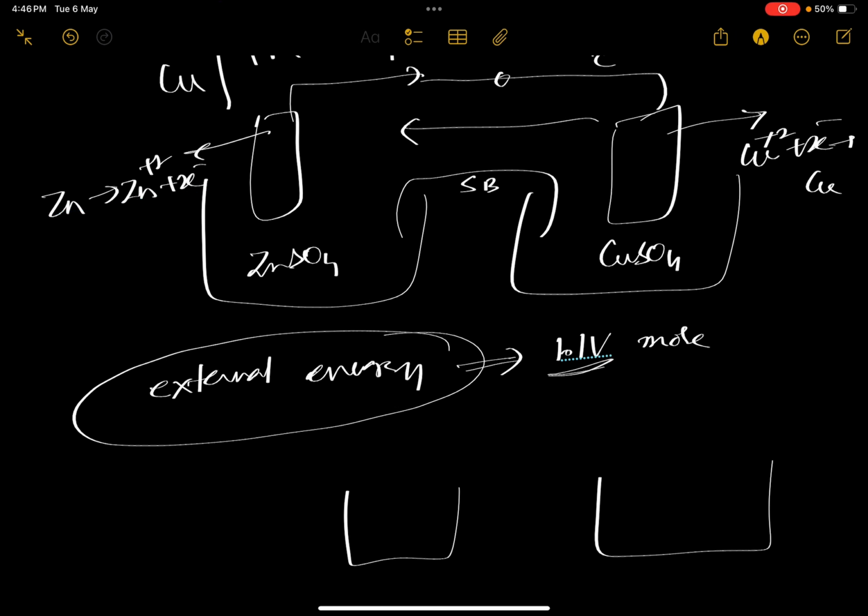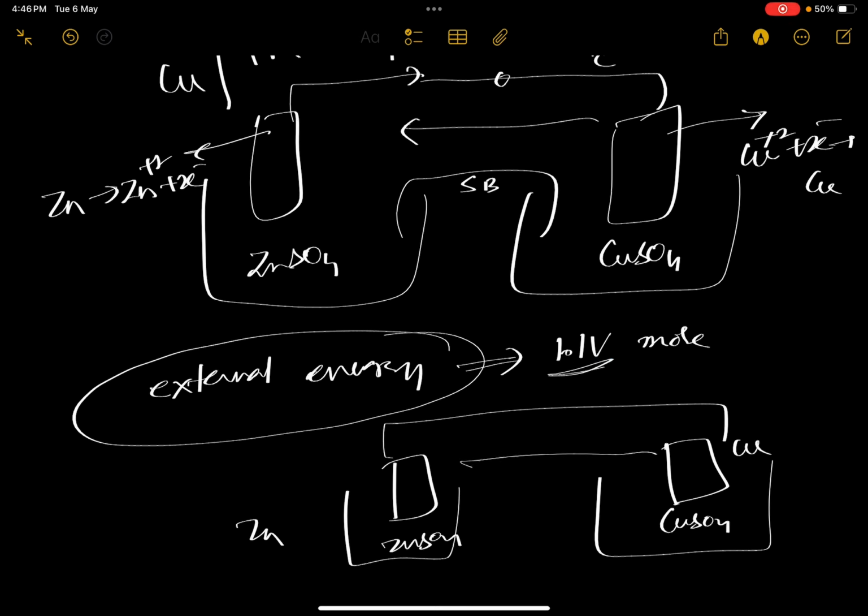See, this is zinc, this is copper, this is zinc sulfate, this is copper sulfate, everything is the same. External source connected, salt bridge, everything. Now electrons will flow like this, and current flows like this.